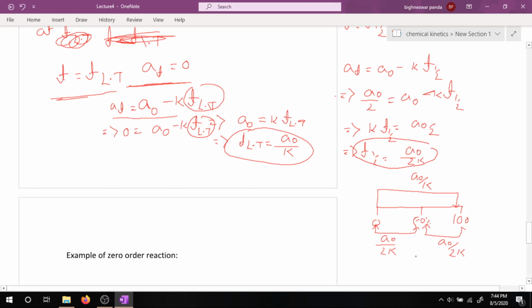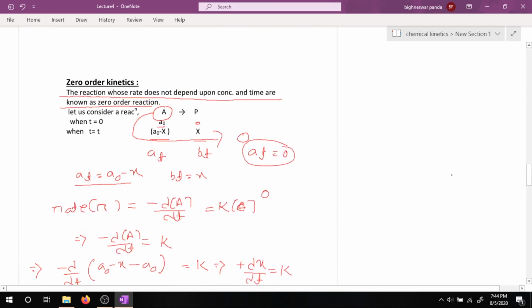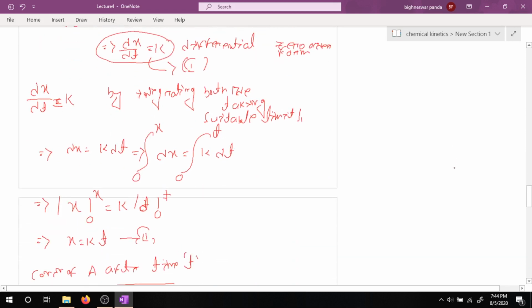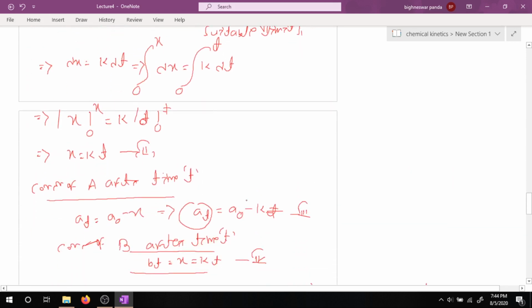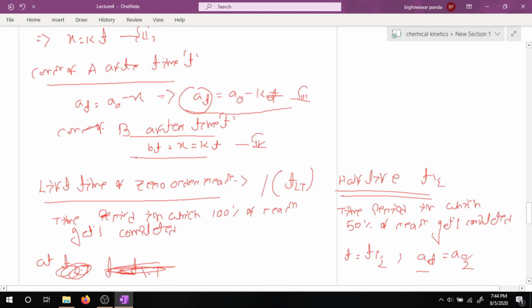So this is all about zero order kinetics. So what is zero order reaction? The reaction whose rate does not depend upon concentration is known as zero order reaction. For this reaction, what is the concentration left after time t for reactant A? At is equal to a naught minus kt, and Bt is equal to kt, that is the concentration of B after time t.